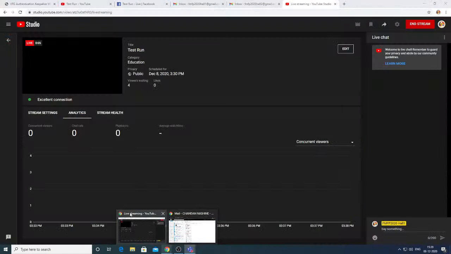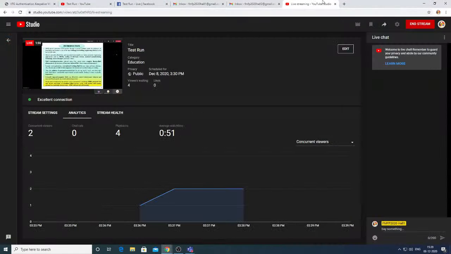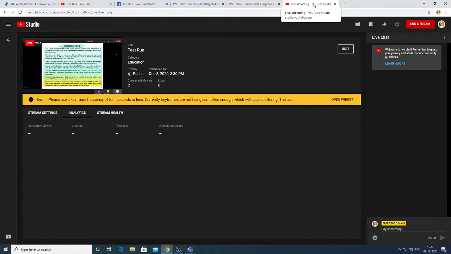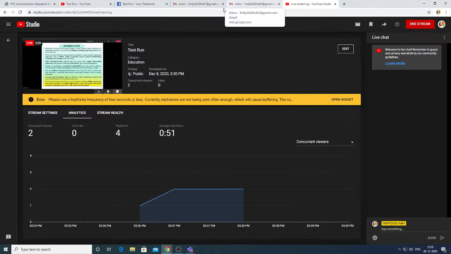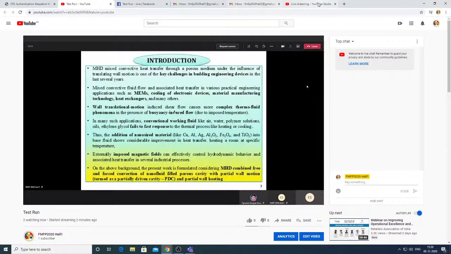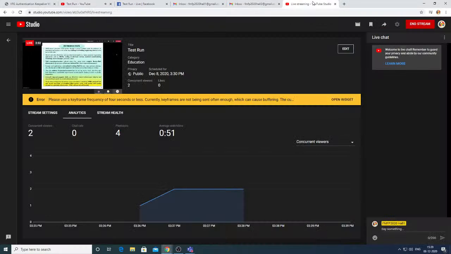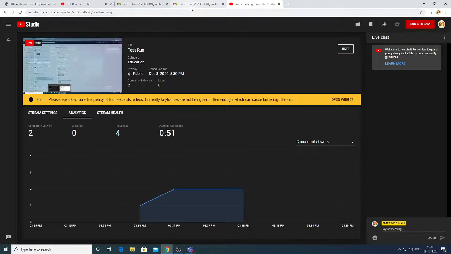Objective and scope of work: MHD mixed convection in the PDC with surface nanofluid saturated porous as well as forced convection, along with an externally imposed magnetic field, has not yet been studied as far as our literature survey is concerned.